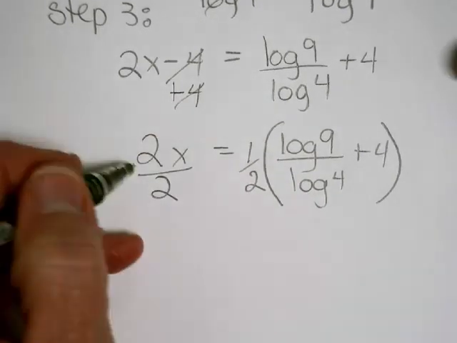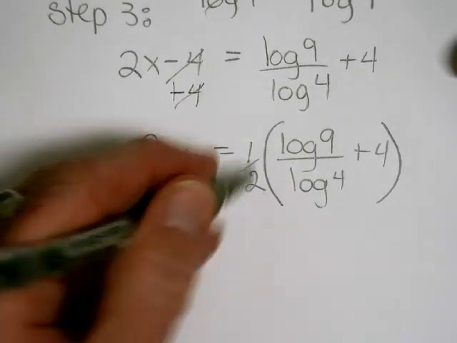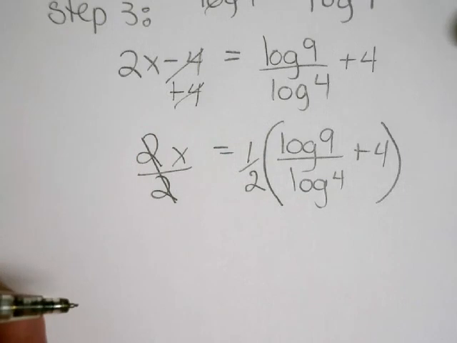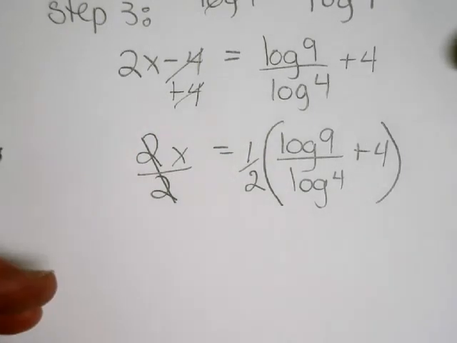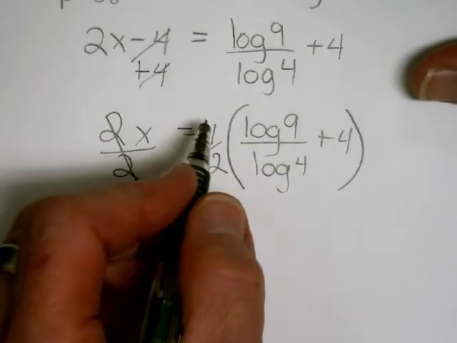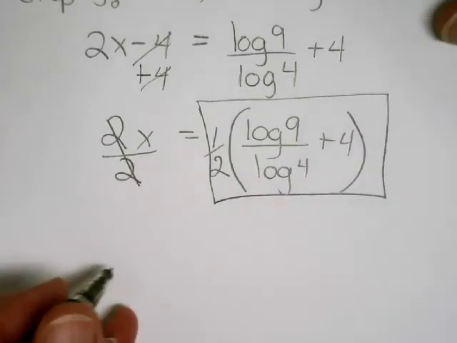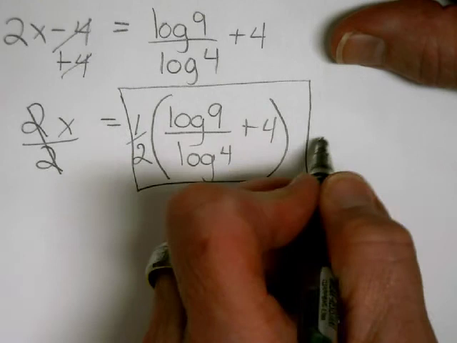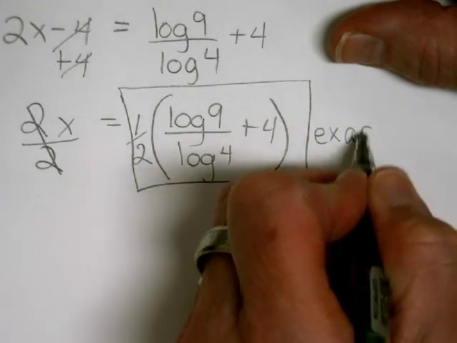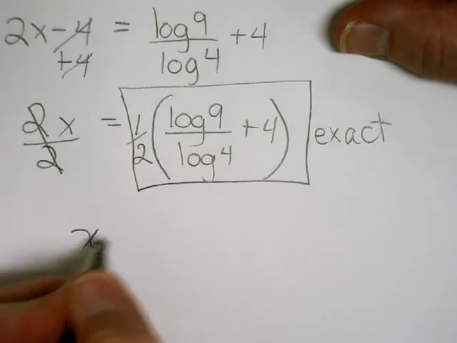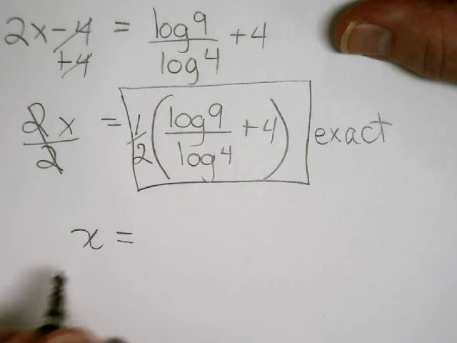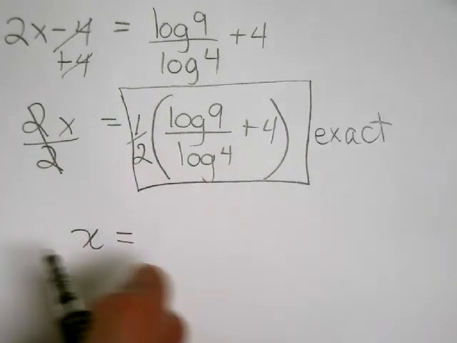I divide by 2 on this side, so it cancels, but the software wants you to multiply by 1/2, so it fits in their little box like they want it. Dividing by 2 is just like multiplying by 1/2. I know that's a challenge. So this goes in your first box. That's your exact answer.